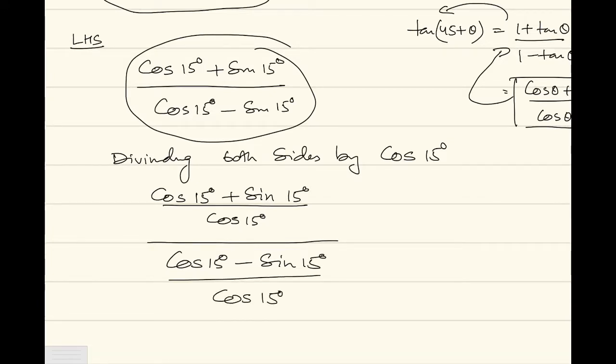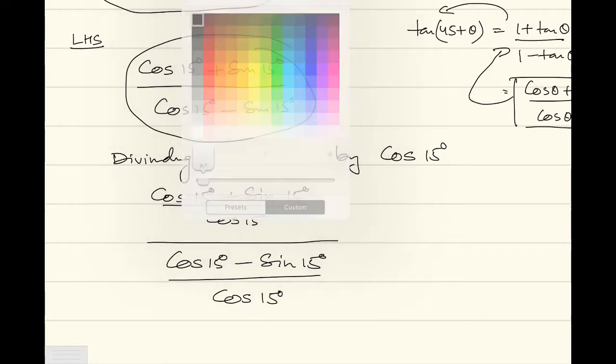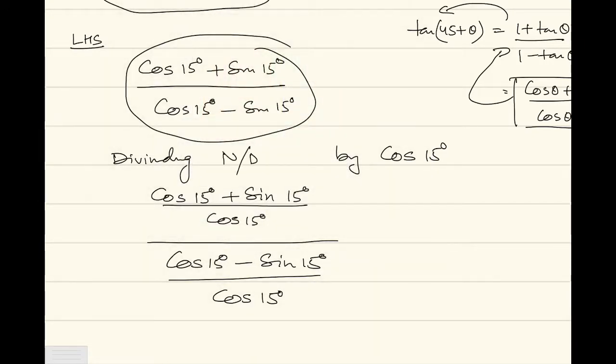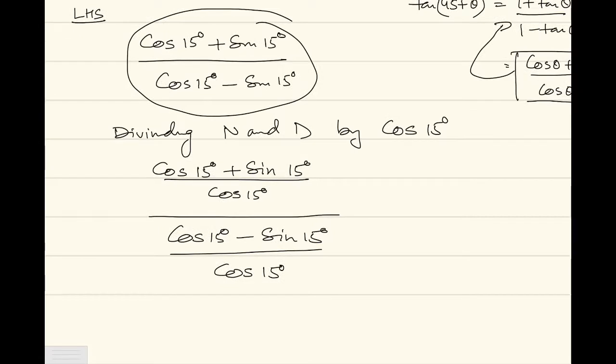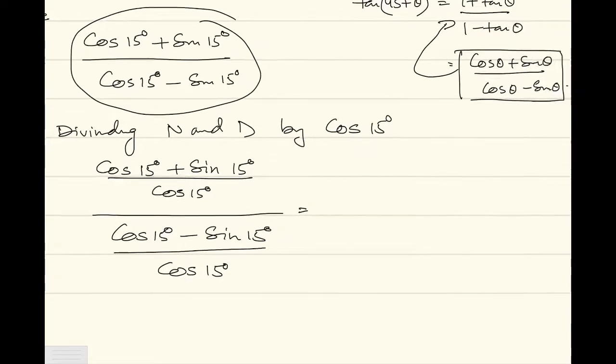I need to divide, not both sides, my mistake here. I need to write dividing numerator and denominator by cos 15, correct?